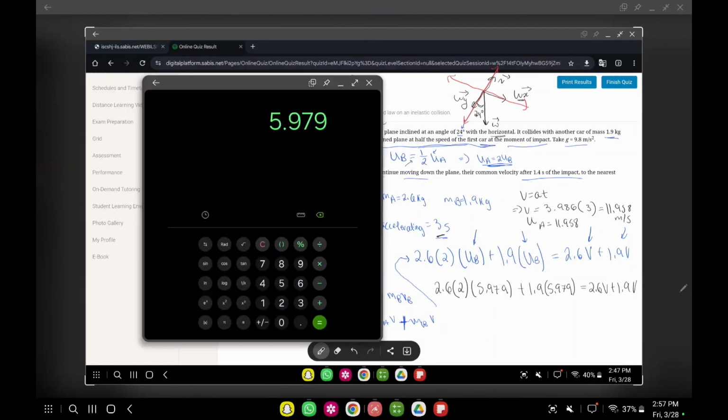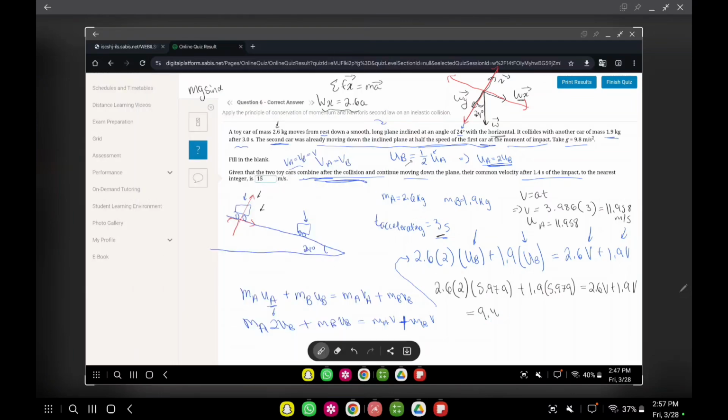Yeah, let's do it on a calculator. 2.6 times 2 times 5.979 plus 1.9 times 5.979, divided by 2.6 plus 1.9, and you get 9.43. Someone's going to come and tell me, Waleed, why is the answer 15?